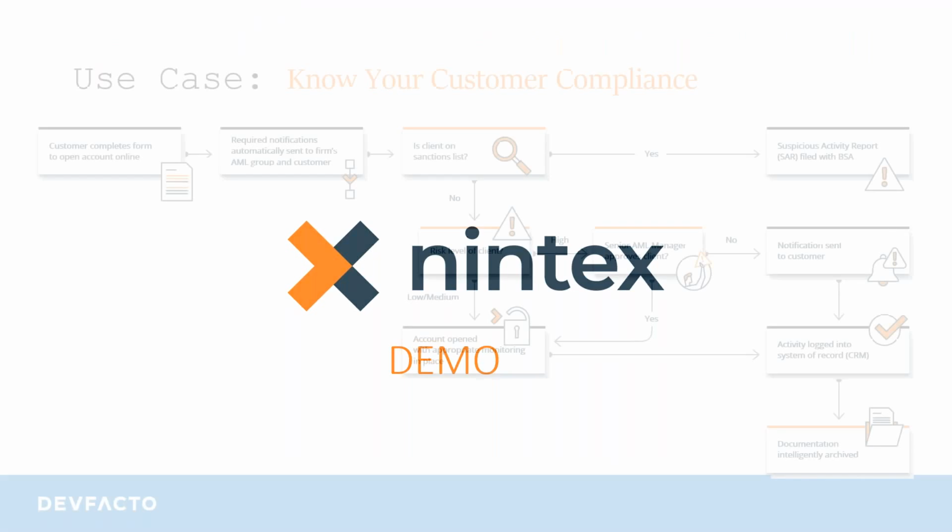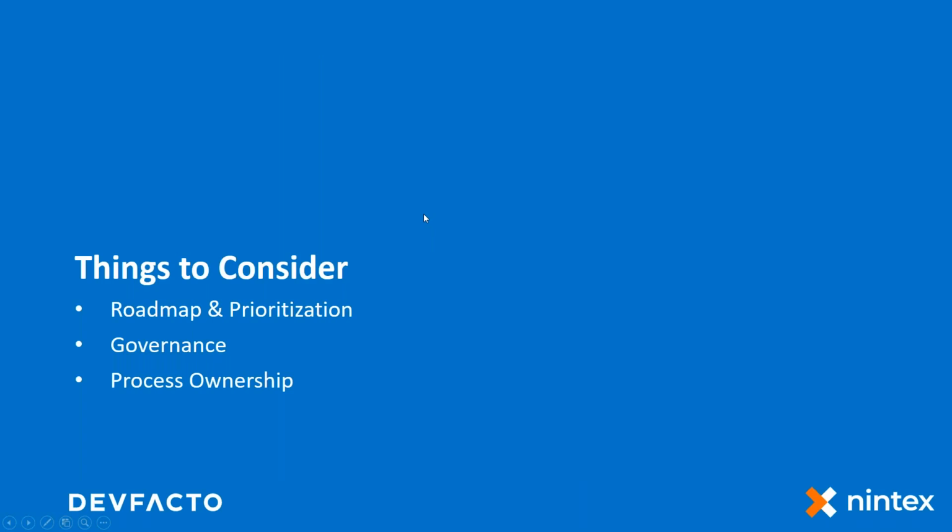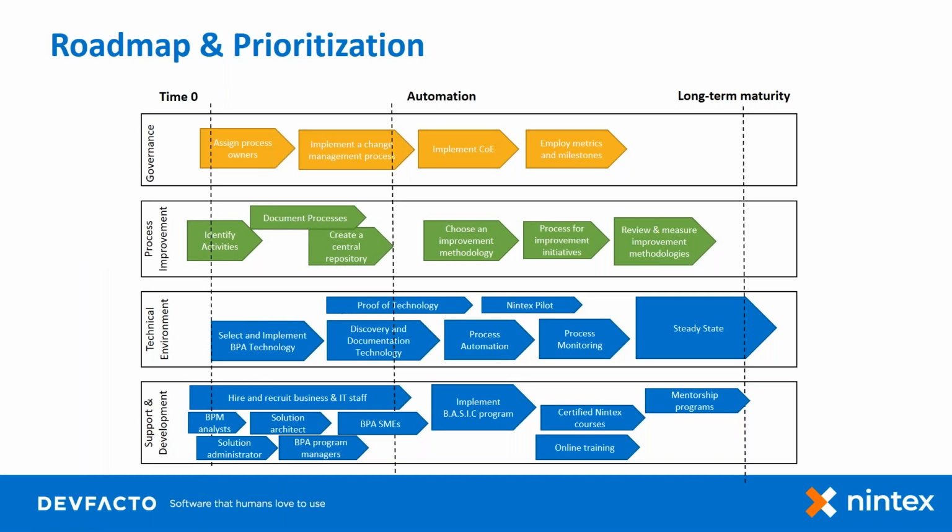Now, in conclusion, that's the know your customer compliance. That could be the secondary sub-process that we take for the credit check. Okay, in short, some things to consider are your roadmap, prioritization, governance, and process ownership.